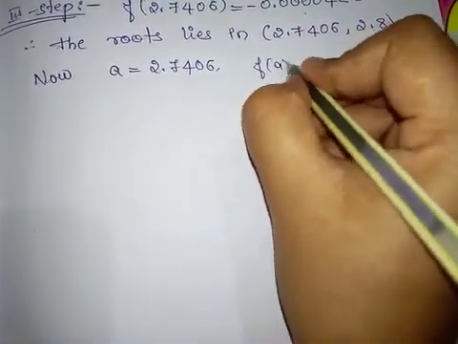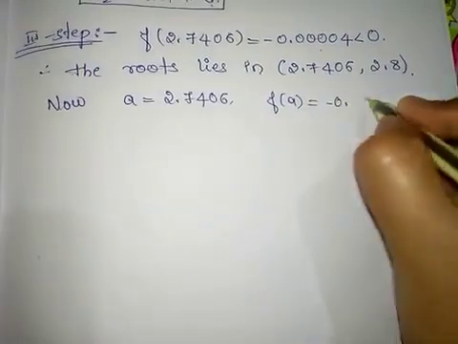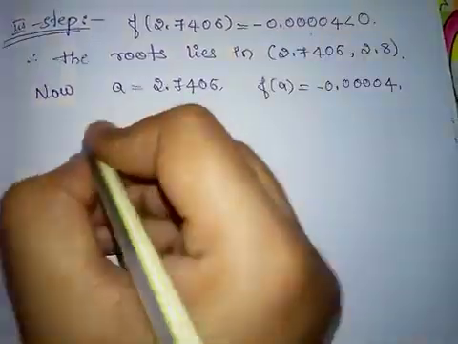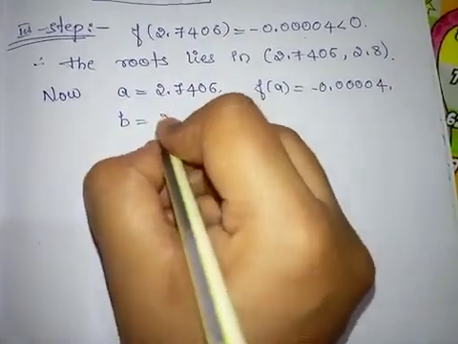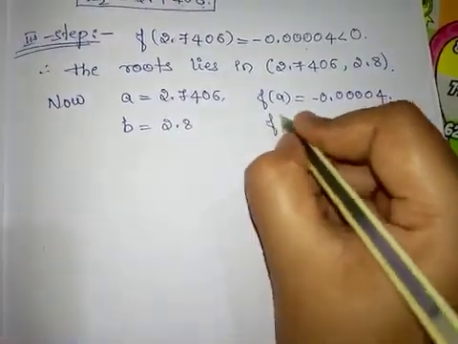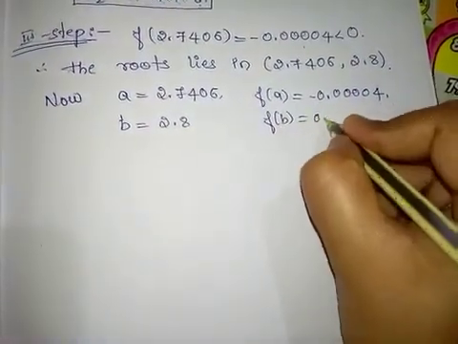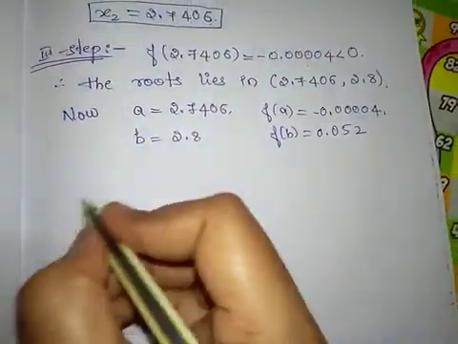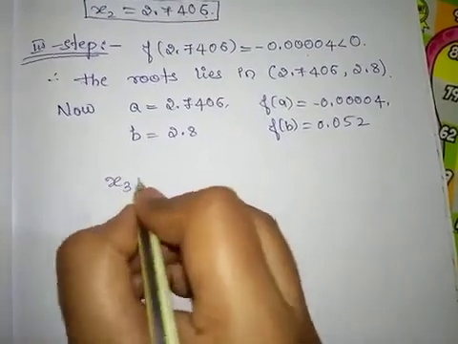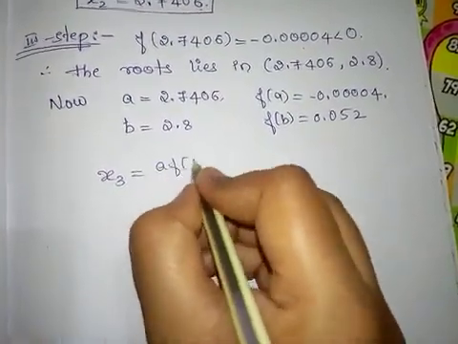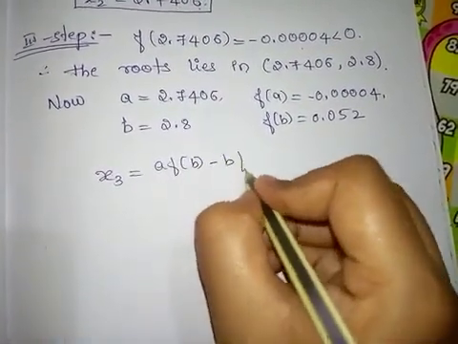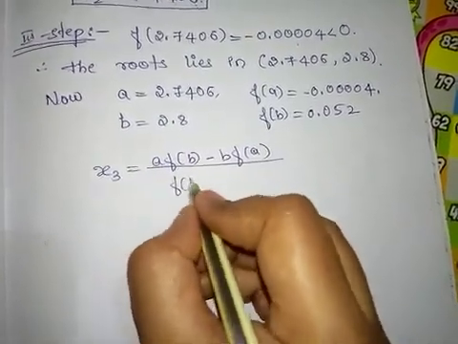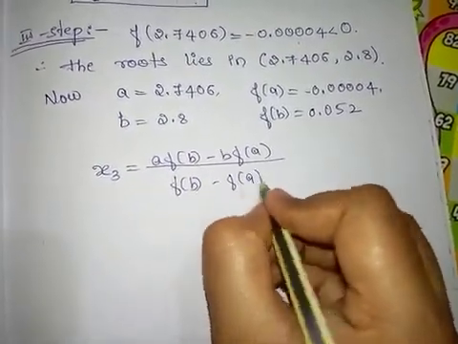F of a is equal to the negative value, and b is equal to 2.8. F of b is equal to 0.052 as it is. Now substitute the values. x3 is equal to a into f of b minus b into f of a divided by f of b minus f of a.